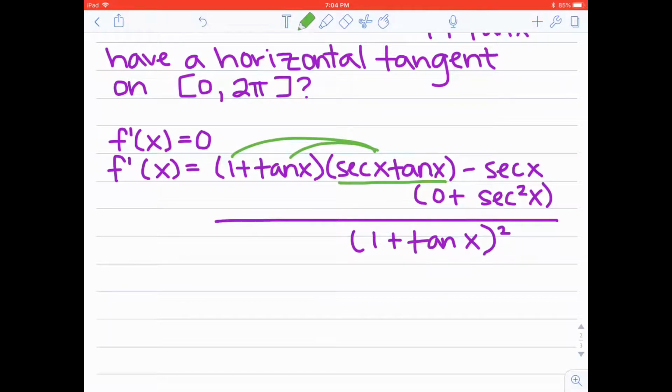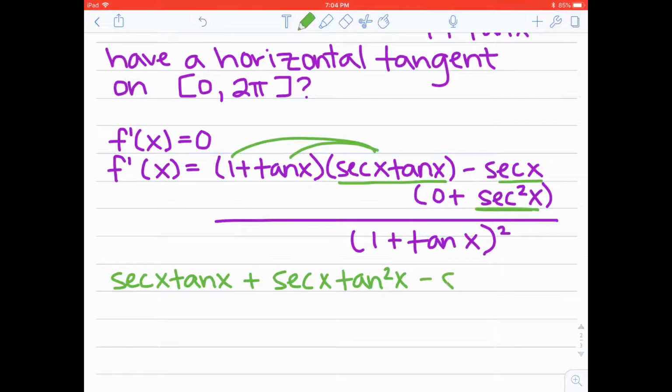So that gives me secant x tan x plus secant x tan squared x. And then after that minus, we've got a secant x that's being multiplied by a secant squared x. And so that gives us minus secant to the third x.